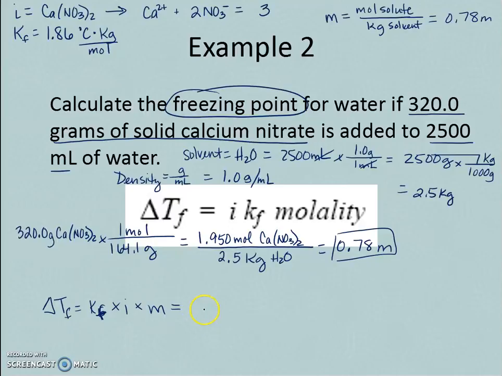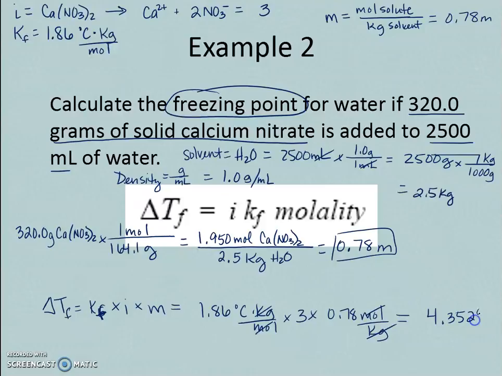Kf we said was 1.86 degrees Celsius times kilograms over moles, i is 3, and m is 0.78. I'm going to put moles per kilogram so I know that my units cancel. Then we plug it into the calculator, and the calculator gives us this wonderful number, 4.352 degrees Celsius.